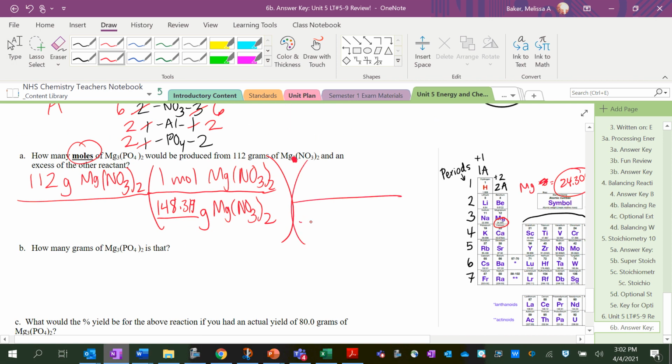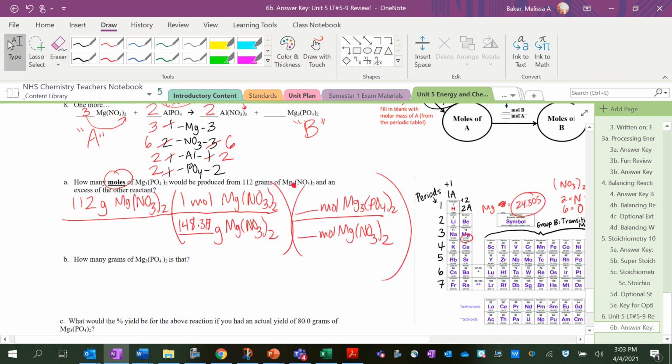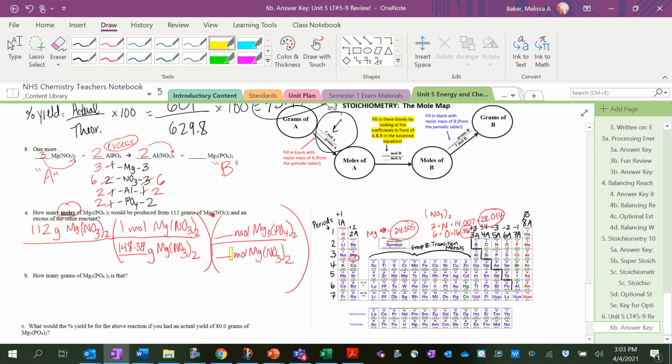Okay, and last but not least, blank moles of MgNO32, blank moles Mg3PO42. This is what we get from the balanced equation. So in front of the MgNO32 is a 3, and in front of the Mg3PO42 is a 1. So this is a 1:3 ratio.